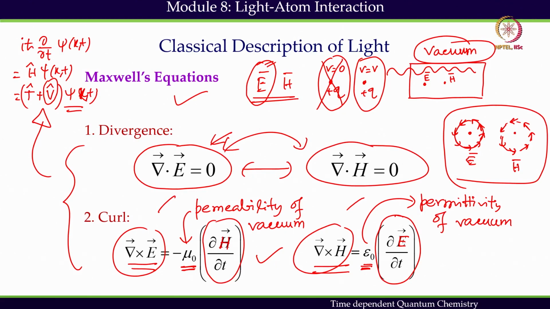And we will see that we can use scalar potential phi and vector potential A. These are the two potentials we will use to represent these electric and magnetic fields. So, potential formulation of Maxwell's equations will be useful in the context of light matter interaction, because in the light matter interaction we will be using time dependent Schrodinger equation, which only involves potential term.